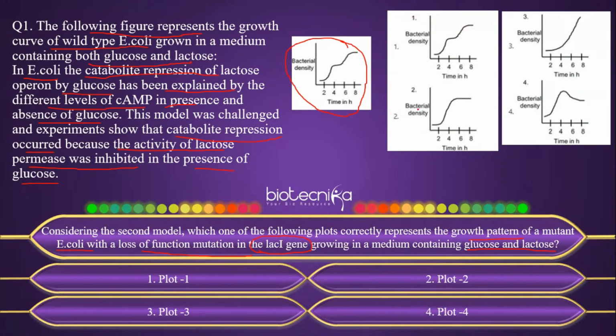So these are the 4 options or the 4 graphs, and you have to decide which one is the correct one. You understood the question, right? Here they are following the second model. So based on this second model, you have to decide the answer. Yes? Keep on trying.